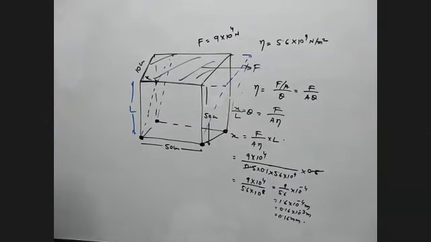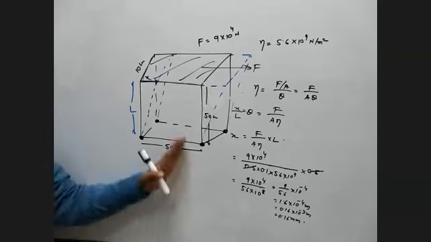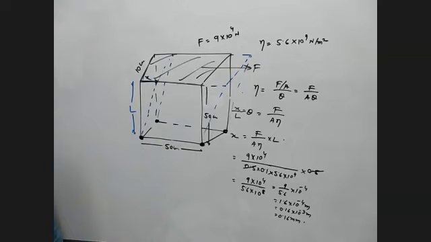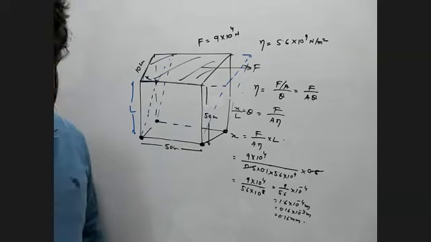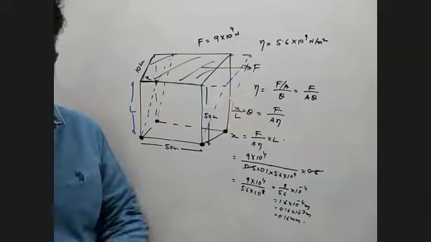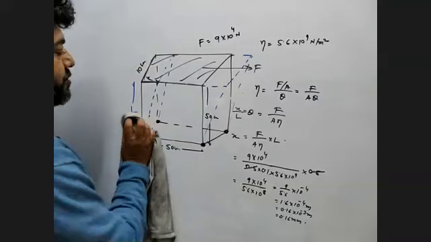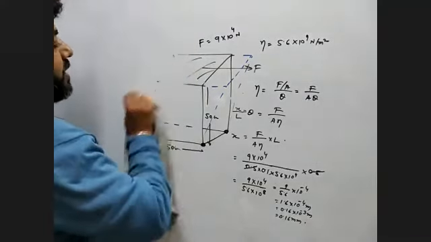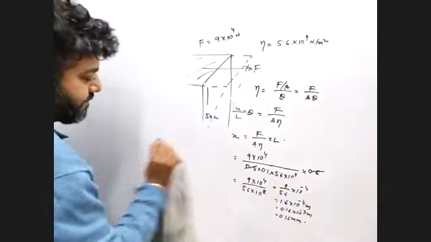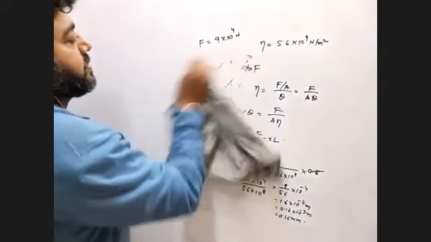Okay. So after that, the next theory is elastic potential energy. Before that, is it okay up to that? Yes, sir. Okay. So now I move on to the next part.